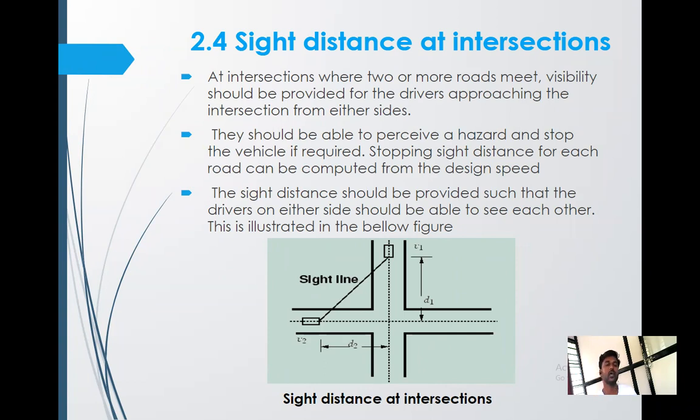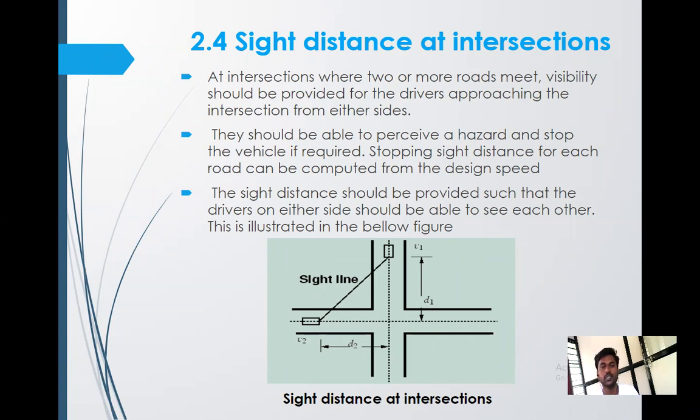At intersections where two or more roads meet, the visibility should be provided for the driver approaching from either side. The drivers must be visible to each other. They should be able to perceive the hazards and stop the vehicle if required.